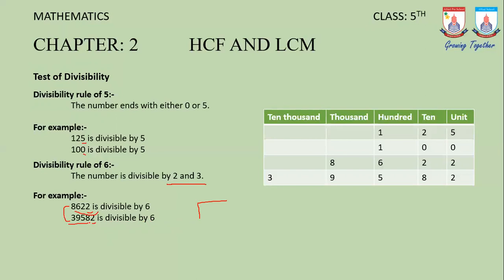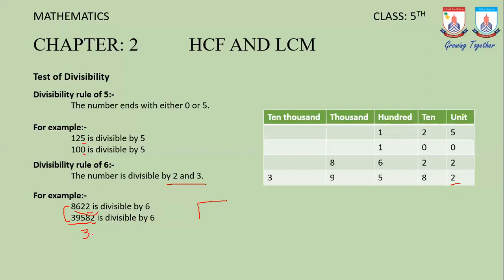In this example, we have to check whether it is divisible by 2. It is divisible by 2 because its unit place has an even number, 2. And we also have to check whether it is divisible by 3 or not.